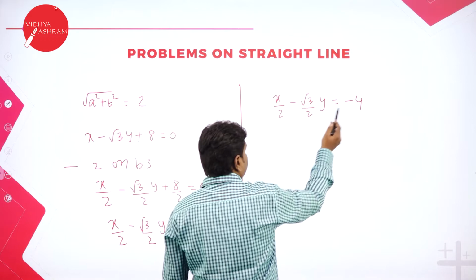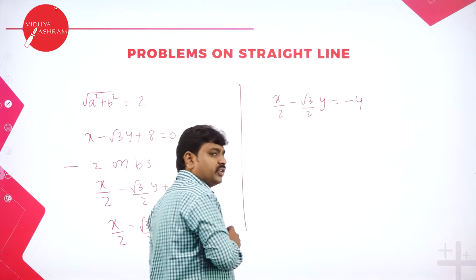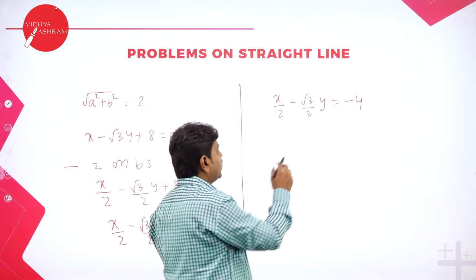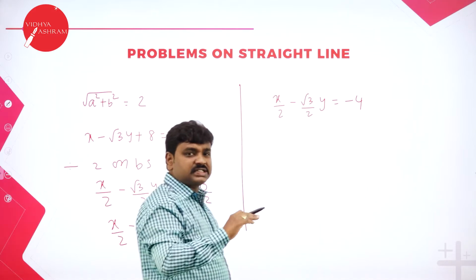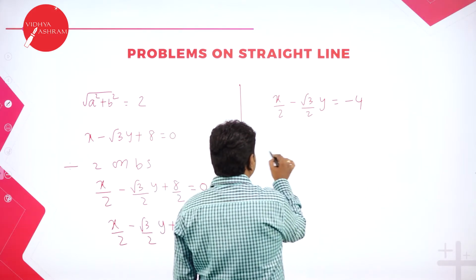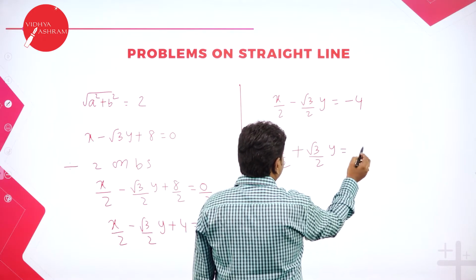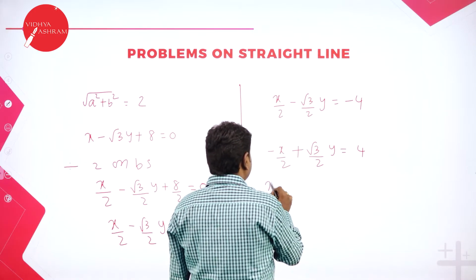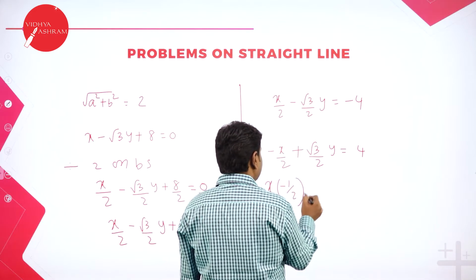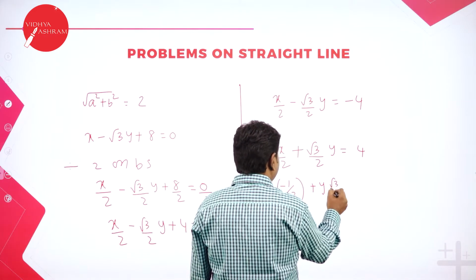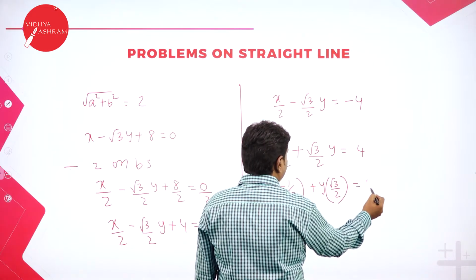This is in the form x cos omega plus y sin omega equal to P. The right side will be positive because distance is always positive, so multiply by minus on both sides. Minus x by 2 plus root 3 by 2 y is equal to positive 4. Or I can write it as x into minus 1 by 2 plus y into root 3 by 2 is equal to 4.